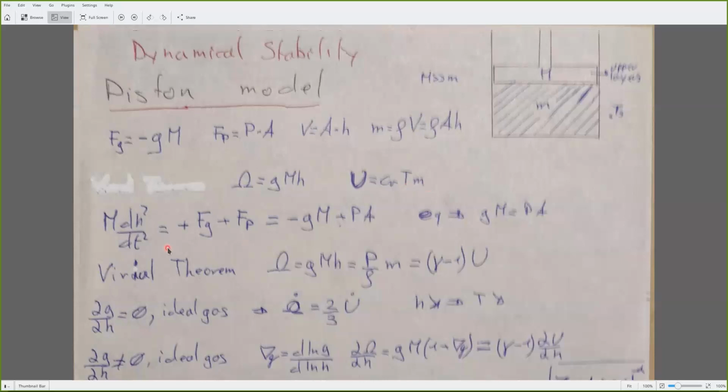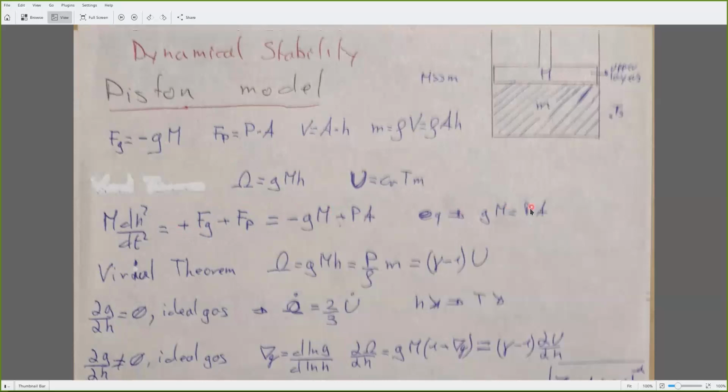Calculating the motion equation, you have the mass of the piston, essentially, because the mass is definitely greater than the mass of the gas, multiplied by the acceleration, the second derivative in time of the height, equal to the sum of the two forces that are quite similar.